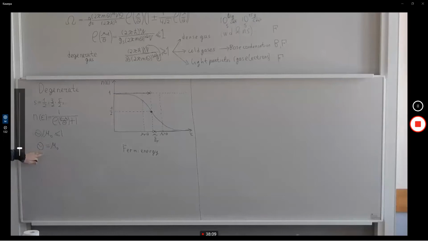Let me recall that we used the energetic scale of temperature, so the temperature has dimension of energy, and mu sub 0 is an energy. And this temperature is the temperature of degeneration of Fermi gas.